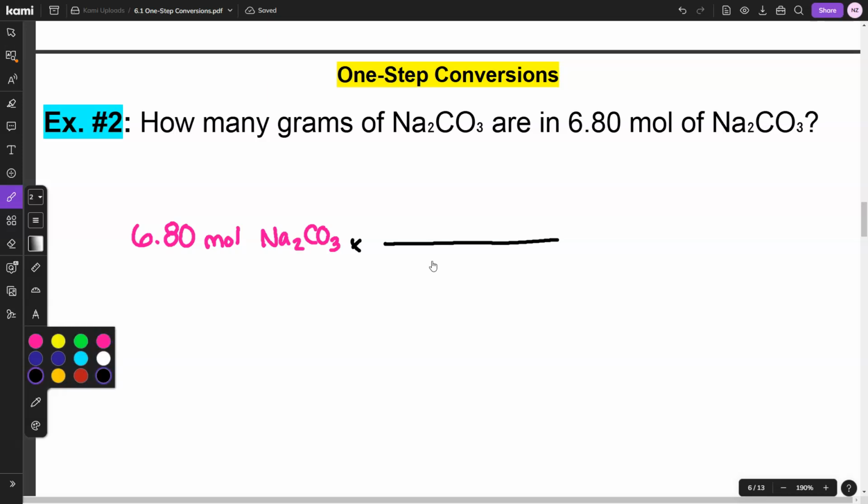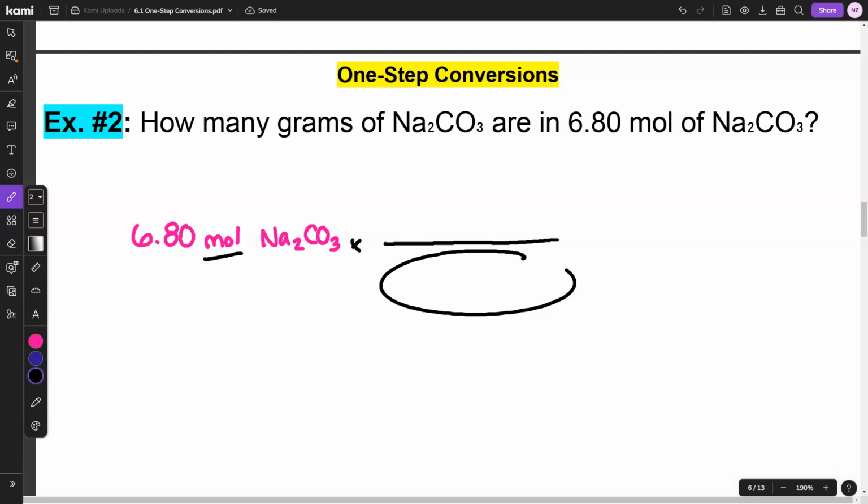However, the grams can't go down here because the units won't be the same. So I'm going to put my molar mass on the top here. So the molar mass of my sodium carbonate is 105.99 grams. That's how many grams are in 1 mole.